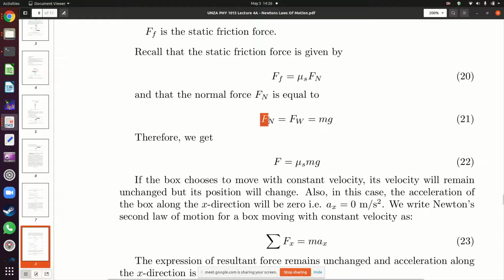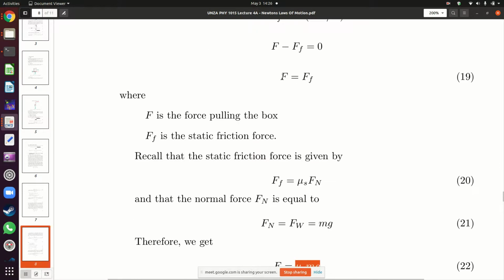So in this case, our normal force is equal to the weight, which is equal to mg. So our friction force will in fact become mu s multiplied by the weight. So this is our friction force, and we've seen that this friction force is equal to the pulling force.